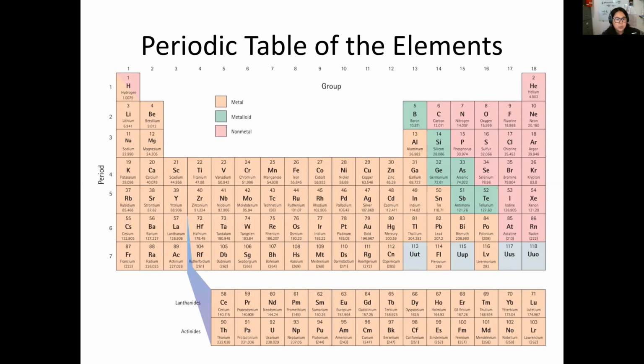Most hydrogen has 1 proton and 1 electron. However, about 0.015% of hydrogen are isotopes.